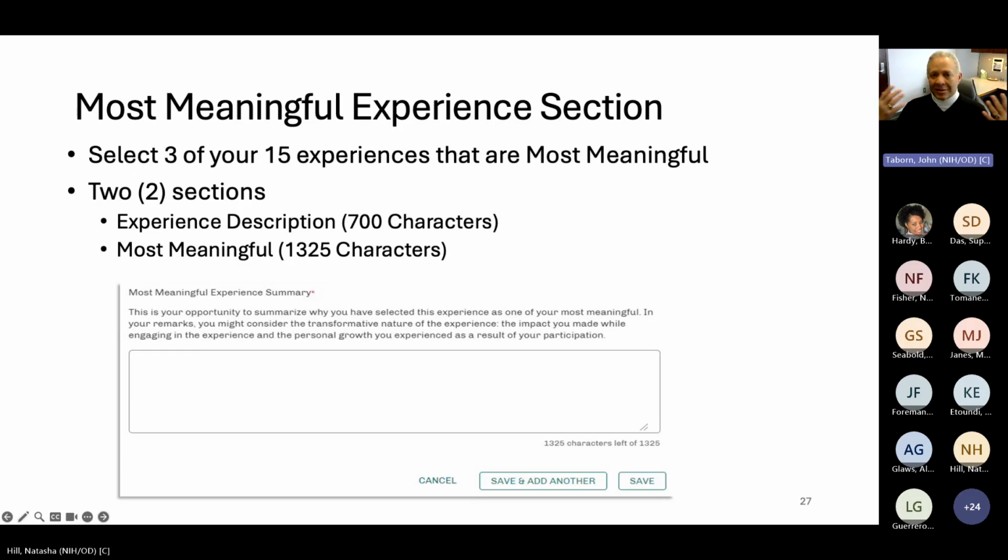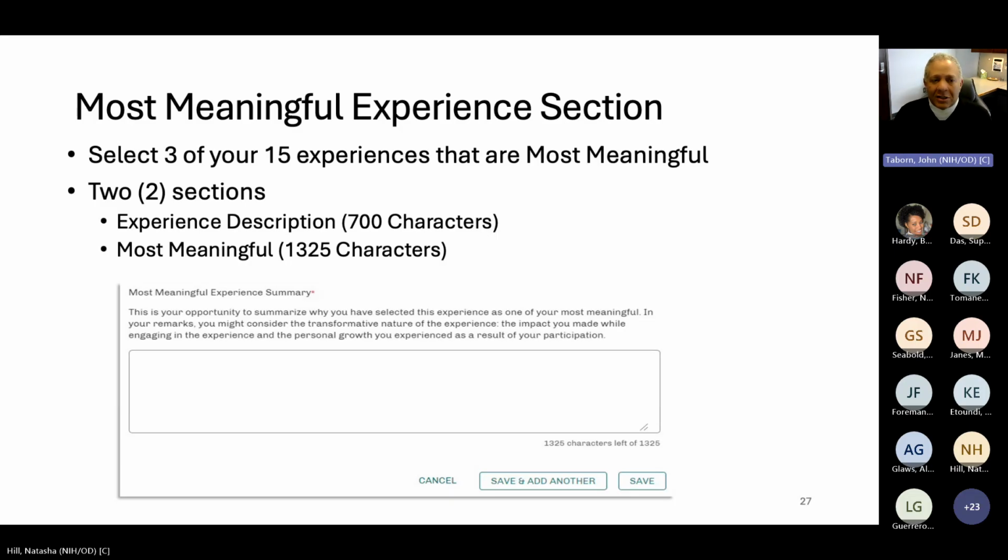That means you get to decide what are the most meaningful experiences that you can describe a little bit more. Sometimes I describe these as shorter, medium, and the personal statement as your longer one. The most meaningful experiences give you more opportunity to talk about an experience, and my suggestions today are going to be how you can maximize this.